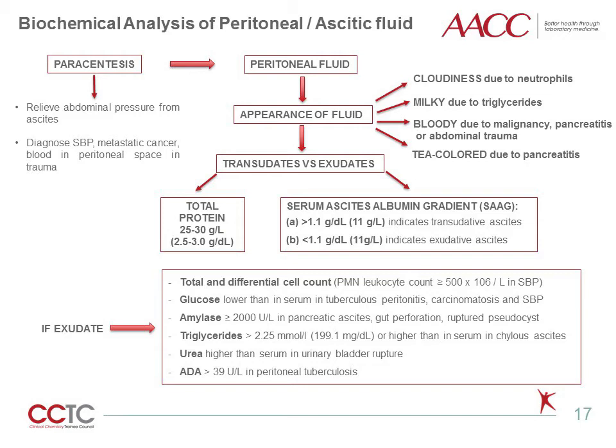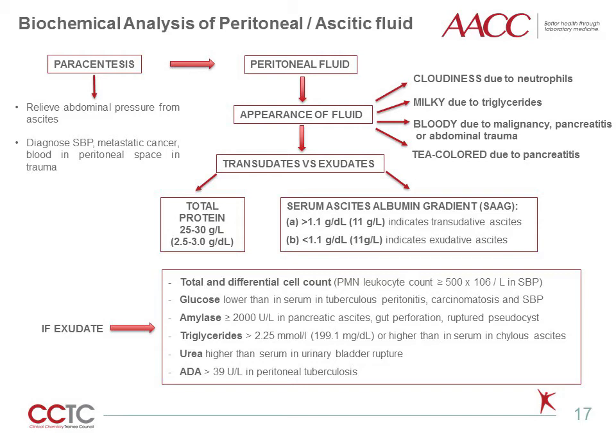Amylase activity higher than 2,000 units per liter is useful in identifying pancreatic ascites, gut perforation, and ruptured pseudocysts. Chylous ascites can be differentiated from pseudochylous effusions by its high triglyceride concentration.